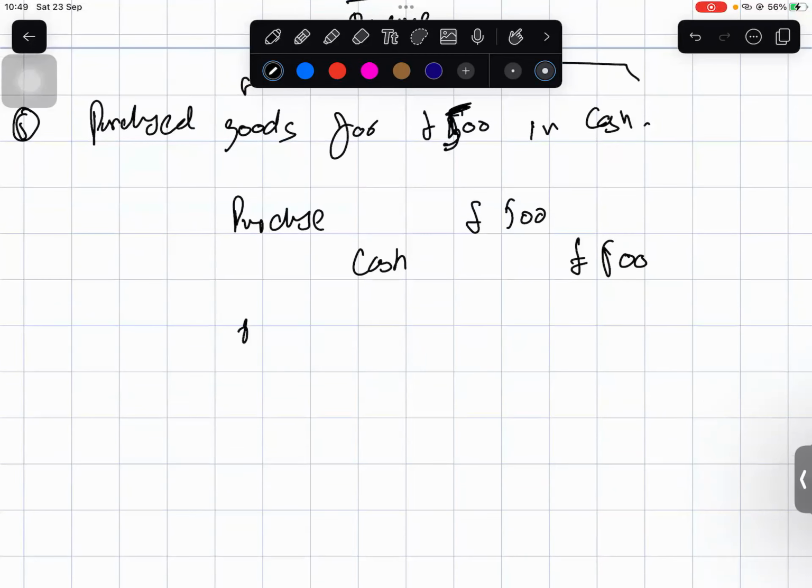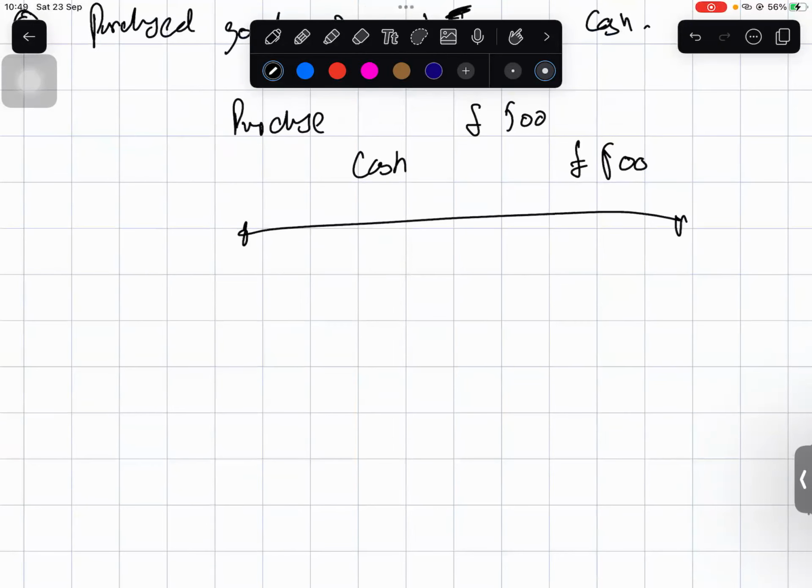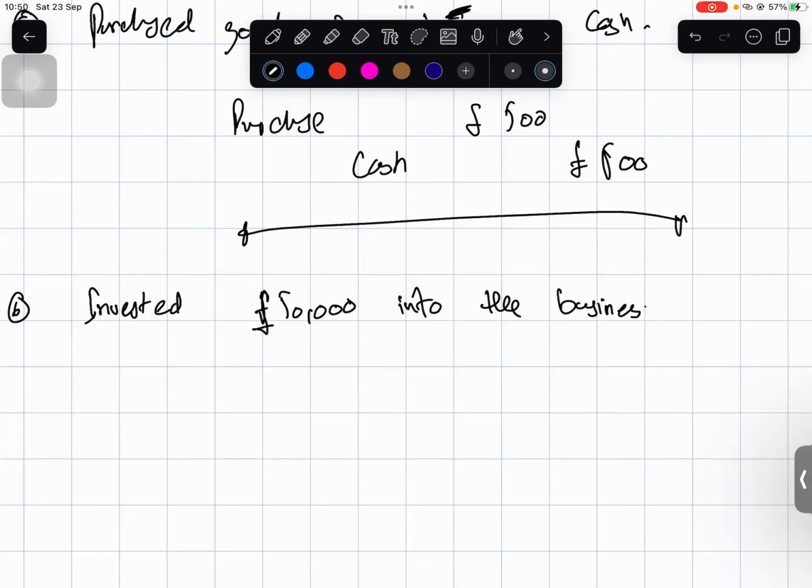Now let's do a separate kind of entry. Invested £50,000 into the business bank account.